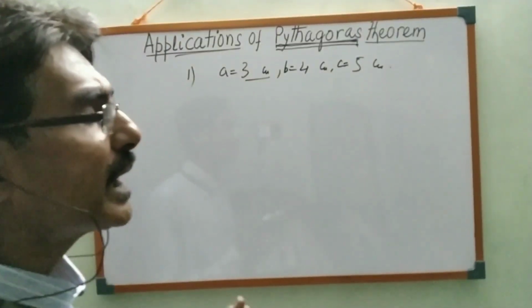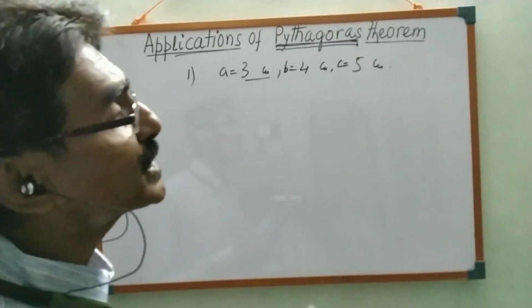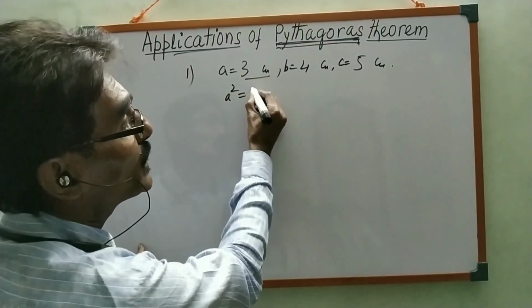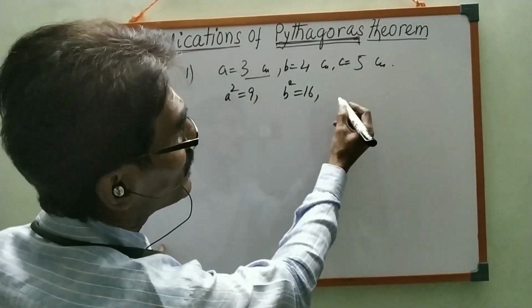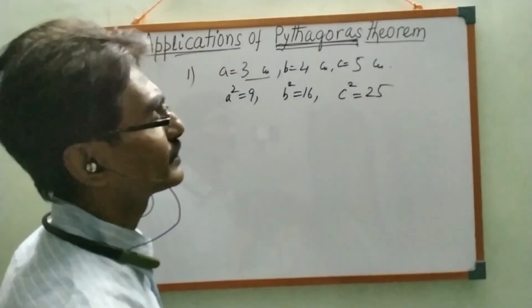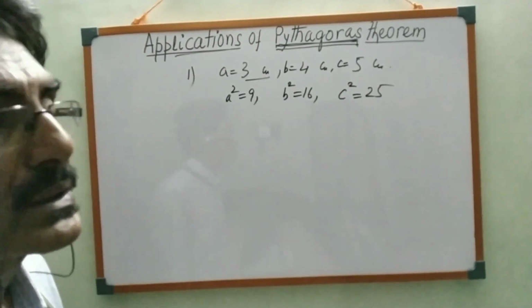After that, what is the calculation you will do? You will find the sum of the squares of all the three sides, like A square equal to 9, B square equal to 16 and C square equal to 25. Now, Pythagoras theorem was what?